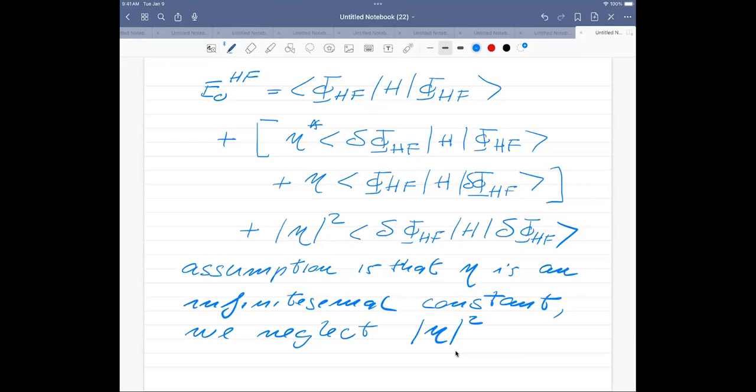So what we want then, and this is what we now are going to require, is that this variation is going to be zero.